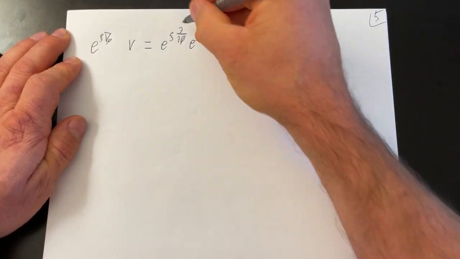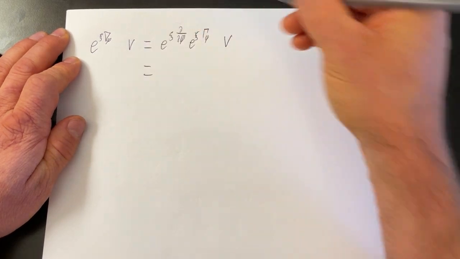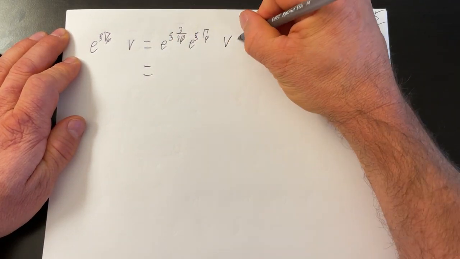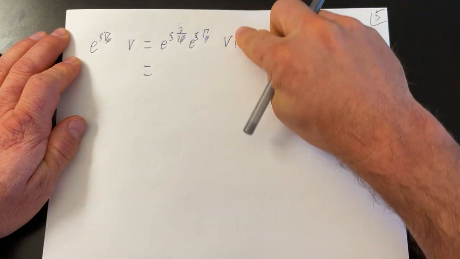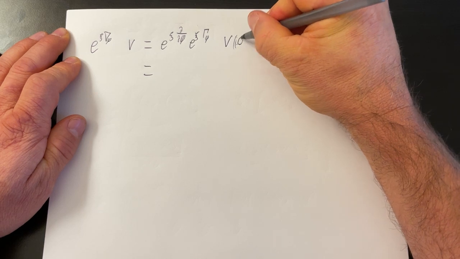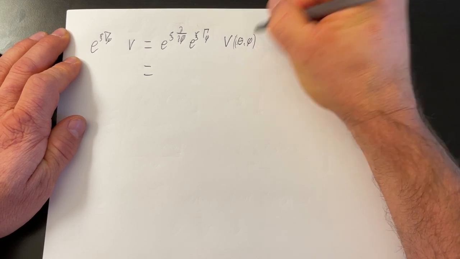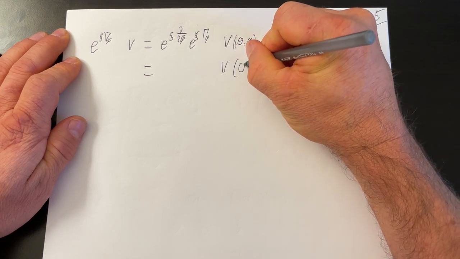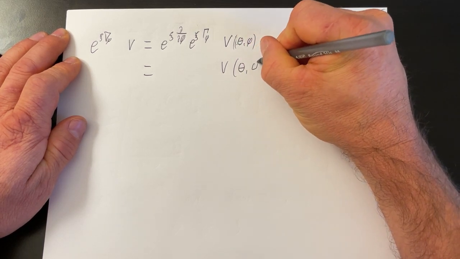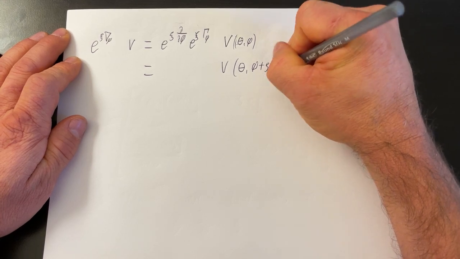Acting on v. The first term changes v of, I shouldn't say x, instead of x, I should say theta phi. It changes that to v, the vector field, evaluated at theta and phi plus xi.